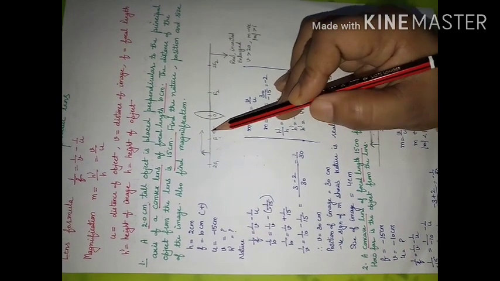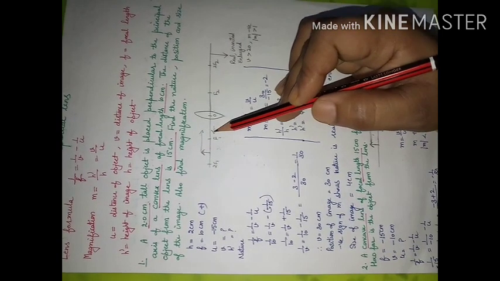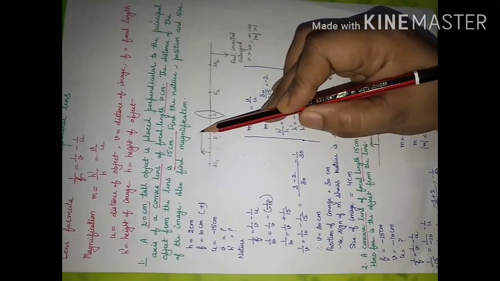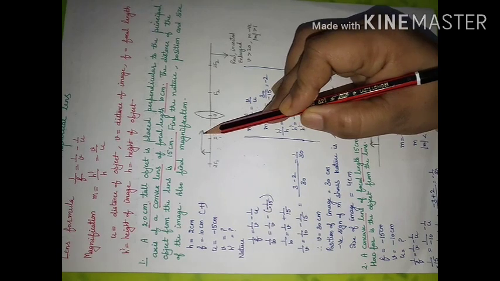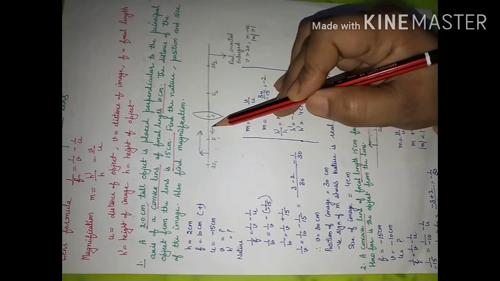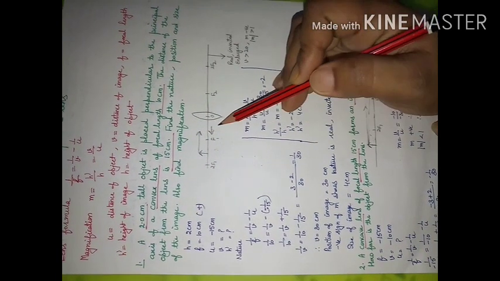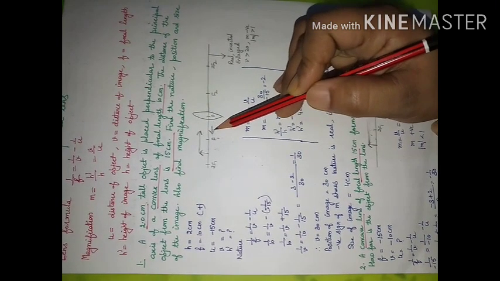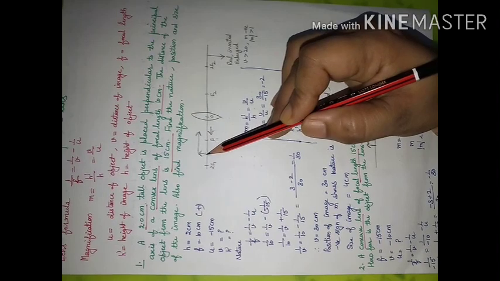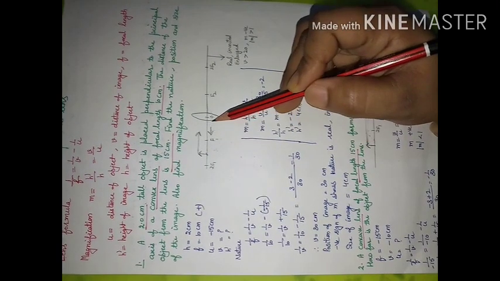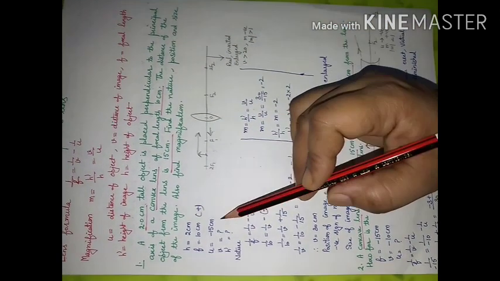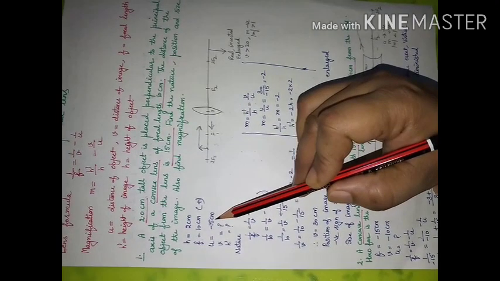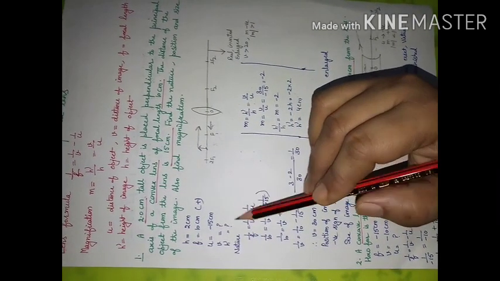So both these directions are opposite. All the distances in the direction of incident light will be positive, and all the distances that you measure opposite to the direction of incident ray of light will come out with a negative sign. So distance of object will come out with a negative sign. So u is equal to minus 15 cm.